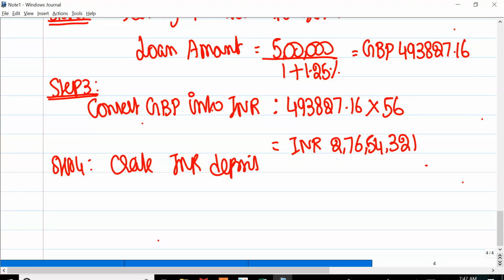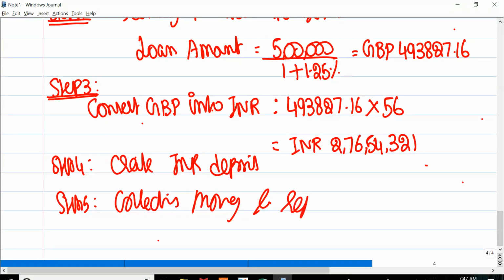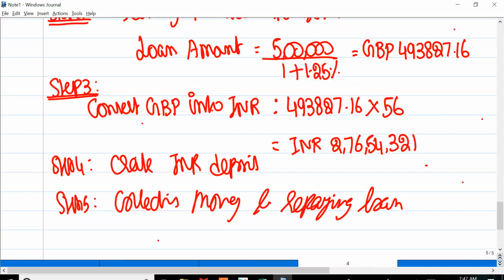Step 4 is creating an INR deposit. Step 5 is collecting money and repaying the loan.